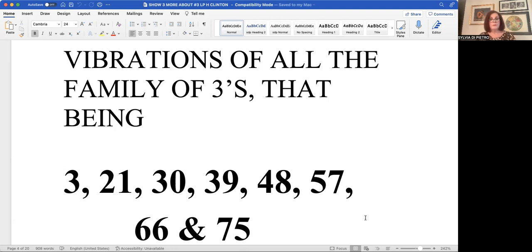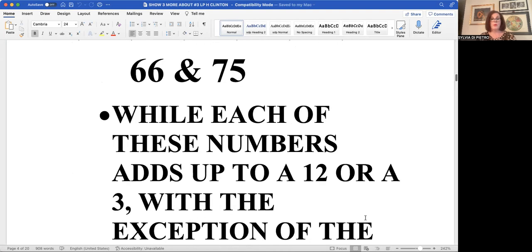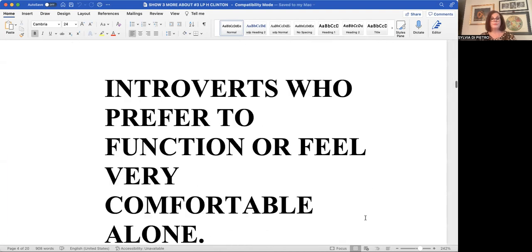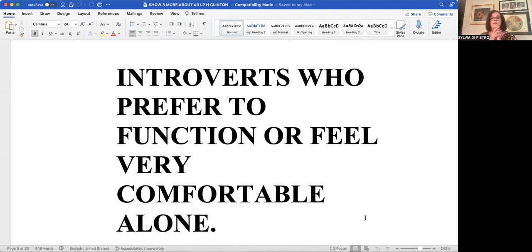So basically, most of these numbers, with the exception of the 66 and the 48, are introverted numbers, where the 66 and the 48, that both become a 3, are extroverted numbers, okay? Now, the introverted numbers, what is it about the introverted numbers?